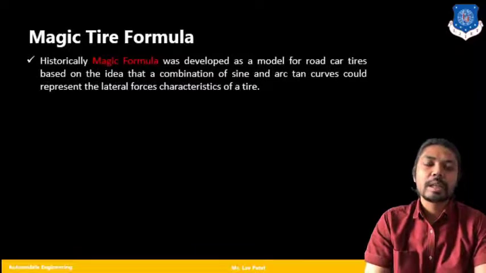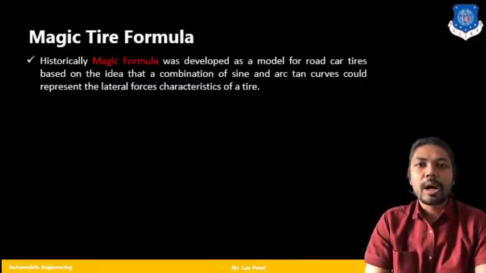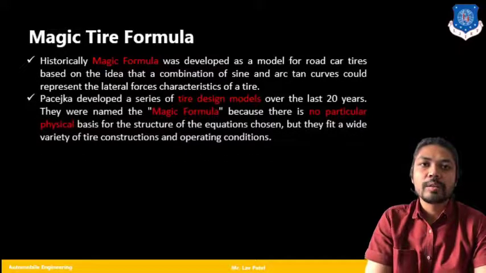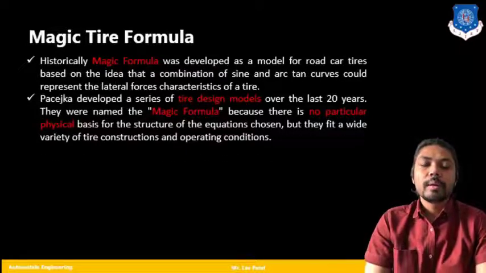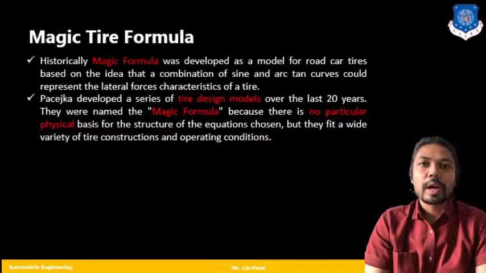So in history, we can say that the magic formula was developed as a model for road car tires based on the idea that a combination of sine and arc-tan curves could represent the lateral force characteristics of a tire. Also, among the different forces that affect my overall tire performance, one of the main forces is the lateral force.